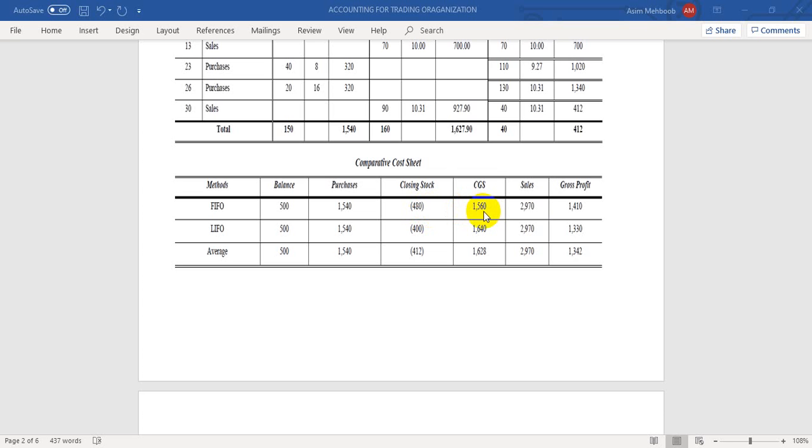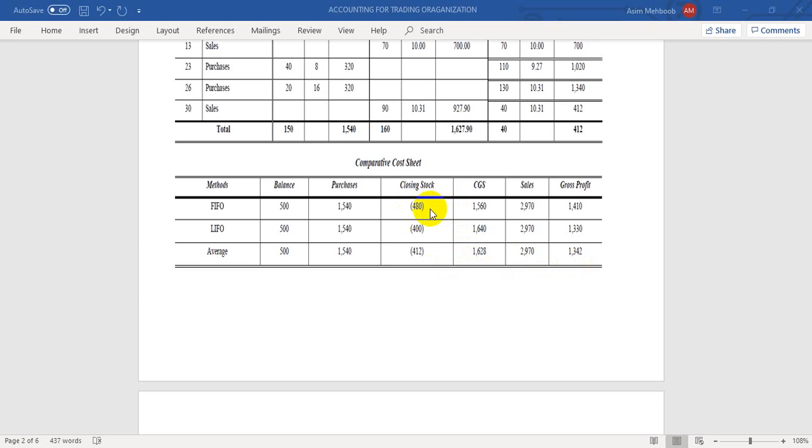When the cost of goods sold is low, the profit will be high, because when your cost is low, profit automatically will be high. When the cost of goods sold is high, your gross profit will be low, and in the average we will calculate the average.